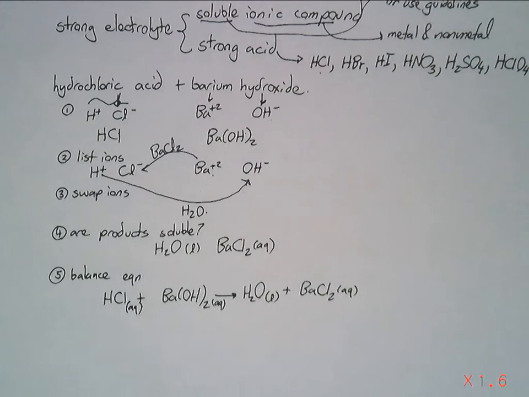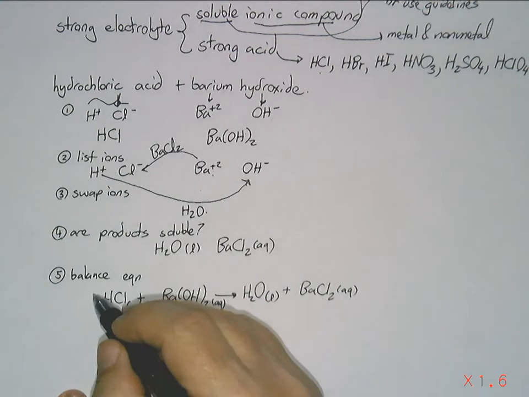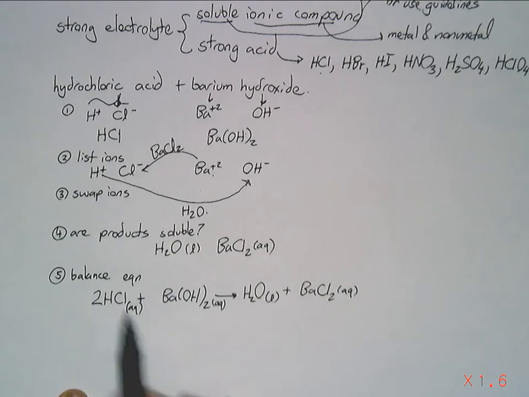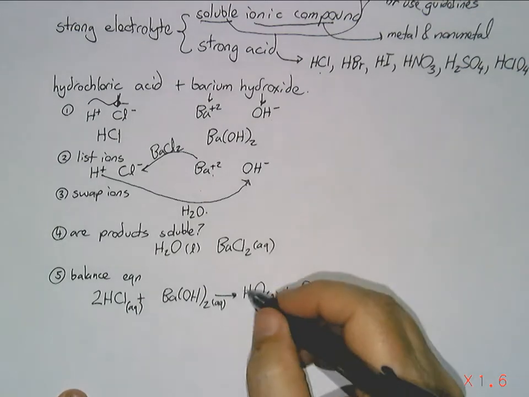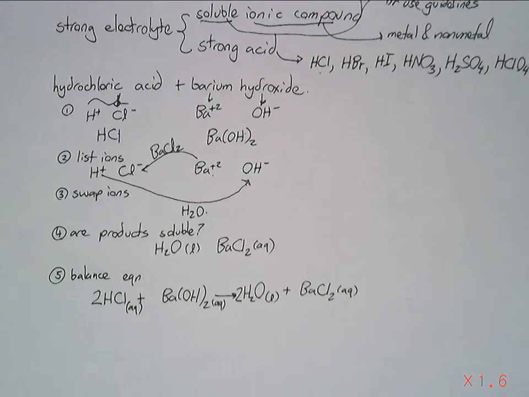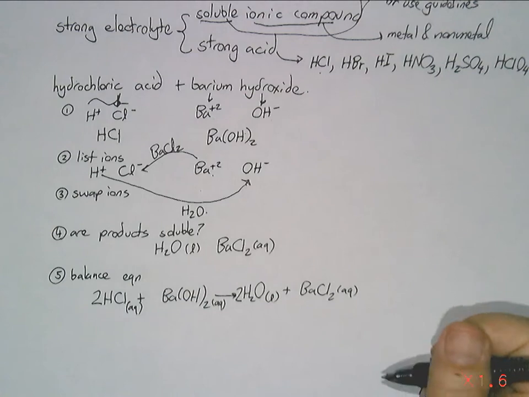So there it is. It's not balanced yet though, right? If I take a look at the barium chloride, there are 2 chlorides on this side. So I might think maybe this is a good idea. That'll put 2 Cl's on either side. And now let's look at the H's. I got 2 H's there, and I have 2 H's there, so I should have 4 H's on the other side. But I only have 2, so maybe I want to put a 2 here too. Alright. So now it's balanced.